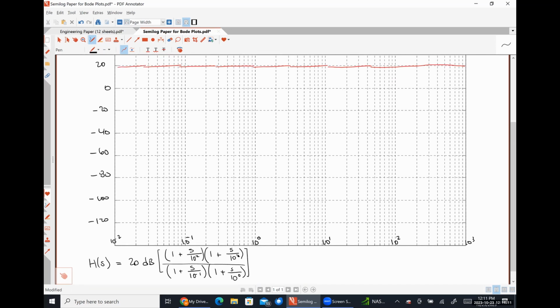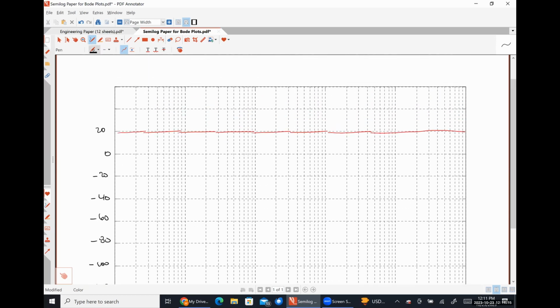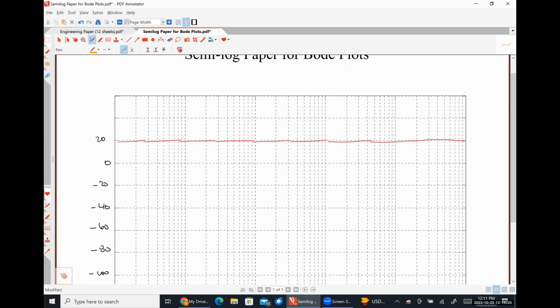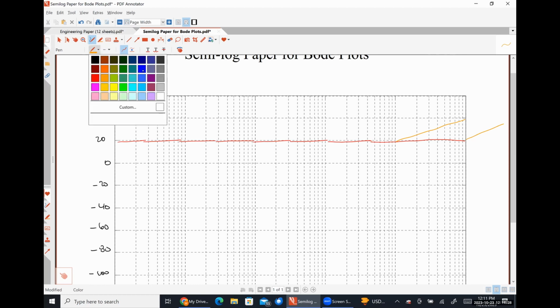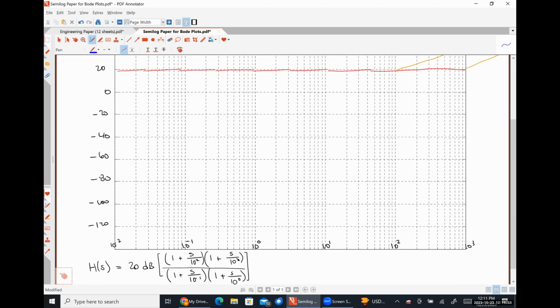So at 10 to the positive 2 and 10 to the positive 3, we would have a line that looks like that, and then we would also have another one over here, but we kind of ran out of space on our frequency graph. We have a pole at 10 to the minus 1.